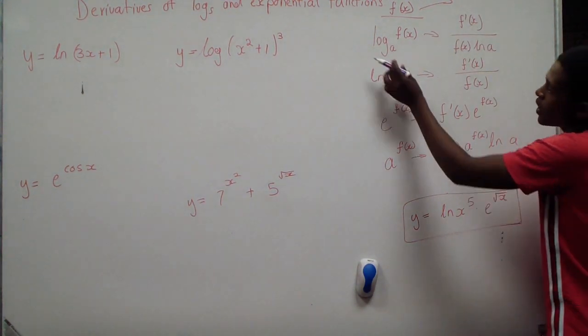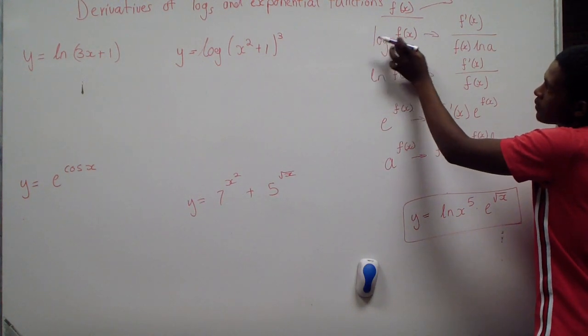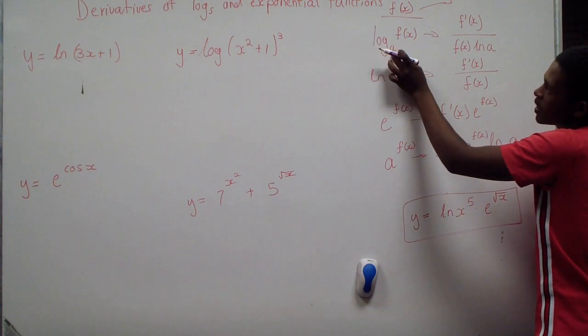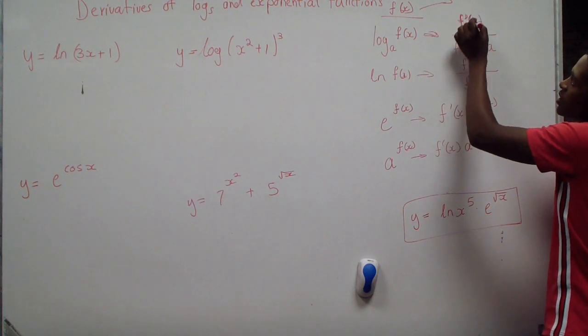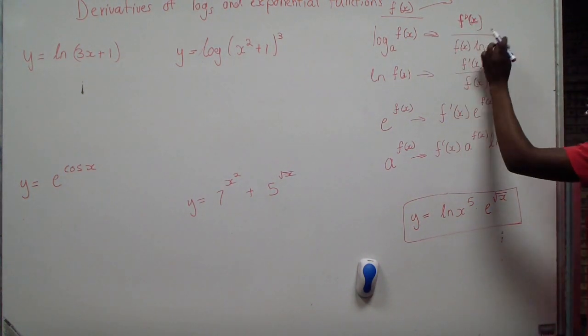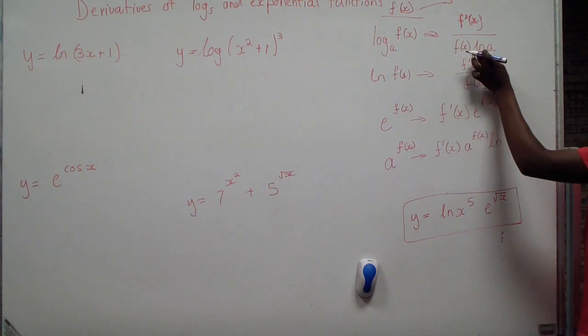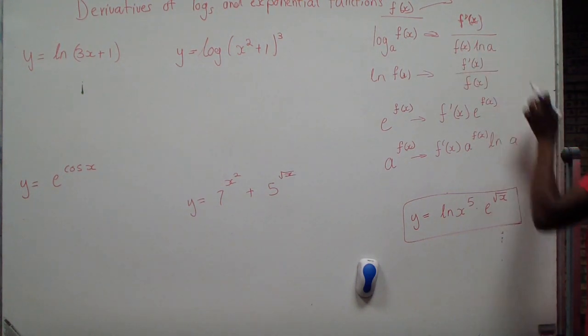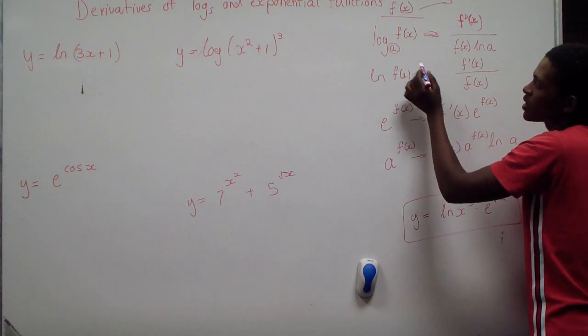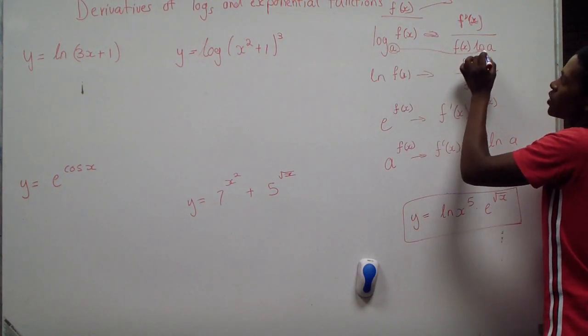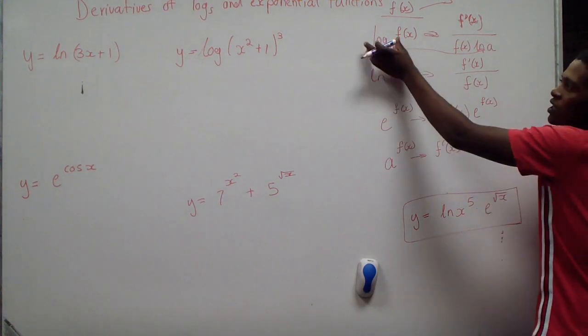So when you derive a log of a function with base a, the derivative is the derivative of your function all over your function multiplied by ln a. Because you have a base, you put your base with ln, and you forget about log.